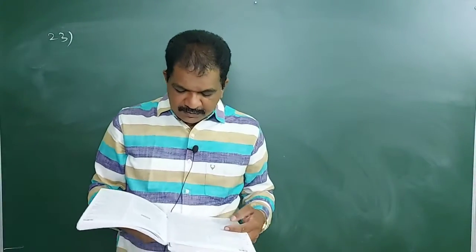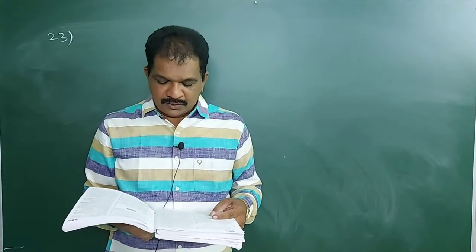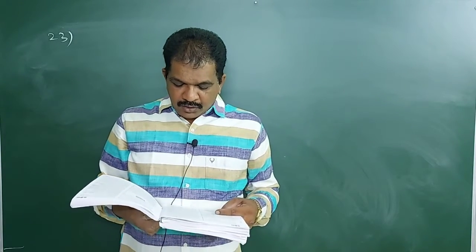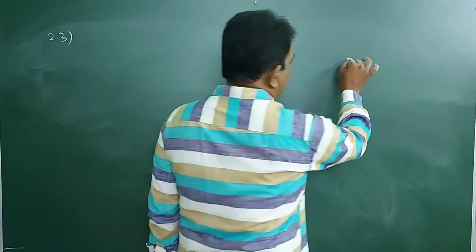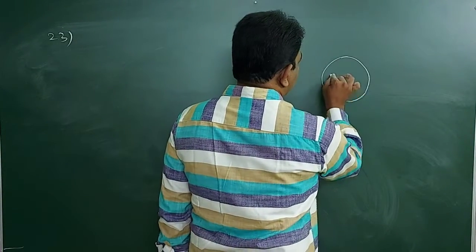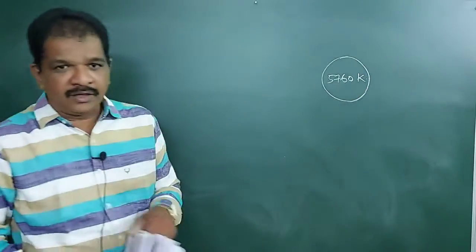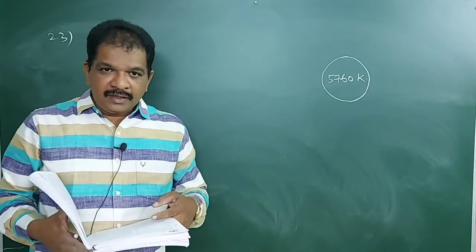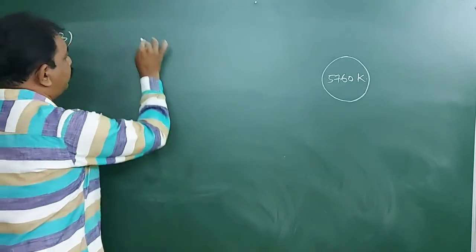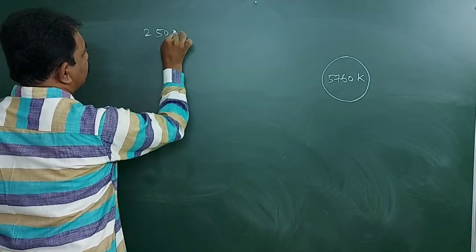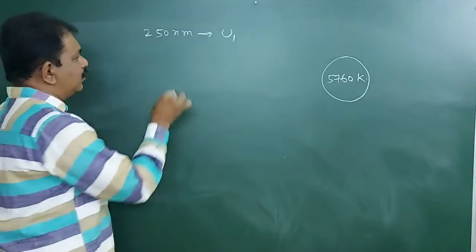Okay, 23. What they are asking is: a black body is at the temperature 5760 Kelvin. When it is emitting light of wavelength 250 nanometer, its energy is U1.